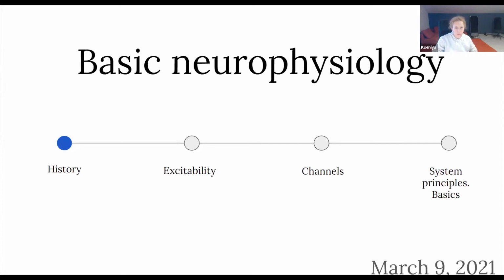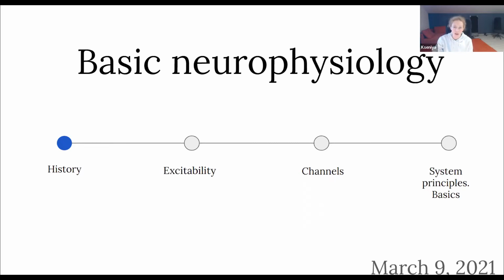So today our topic is the basics of neurophysiology, and there will be 4 parts. The first part is the story of how we know that there are neurons in the brain and how we learned to distinguish them.